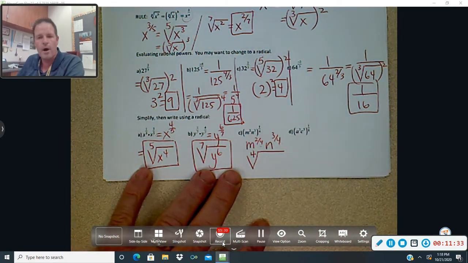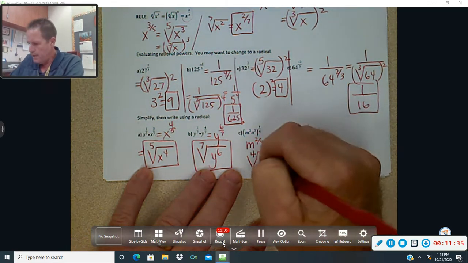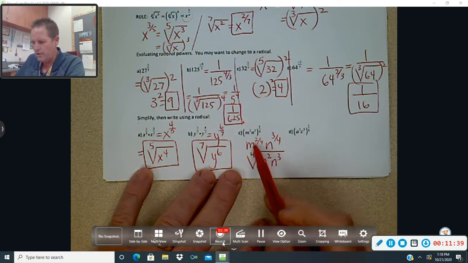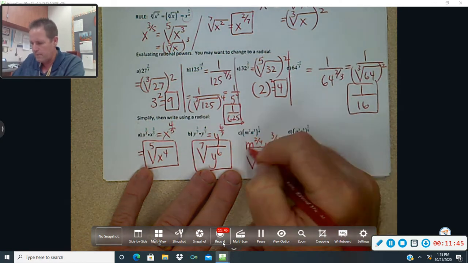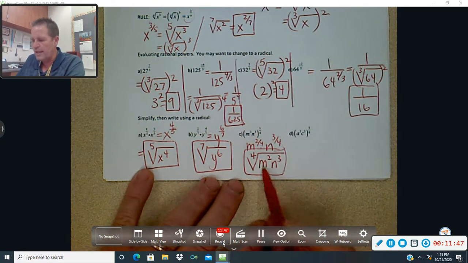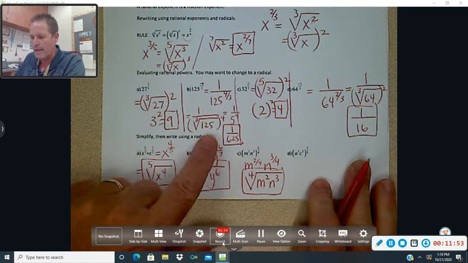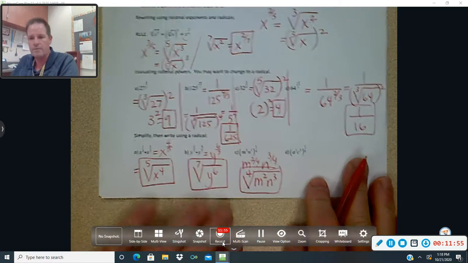They're both the same bottom, index of 4. m squared n cubed. Again, you just write the m's with their top exponent, n's with their top exponent. You'll notice with all the letters I've been putting the exponent inside, and you should do that too. It's with numbers, usually like what we had above, that you want to put it outside.